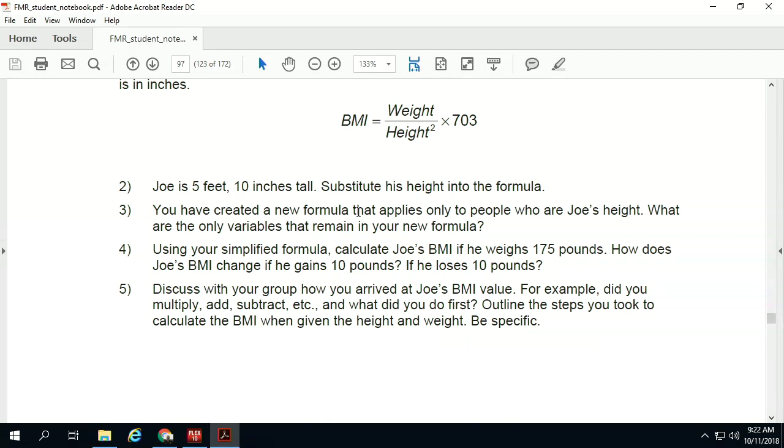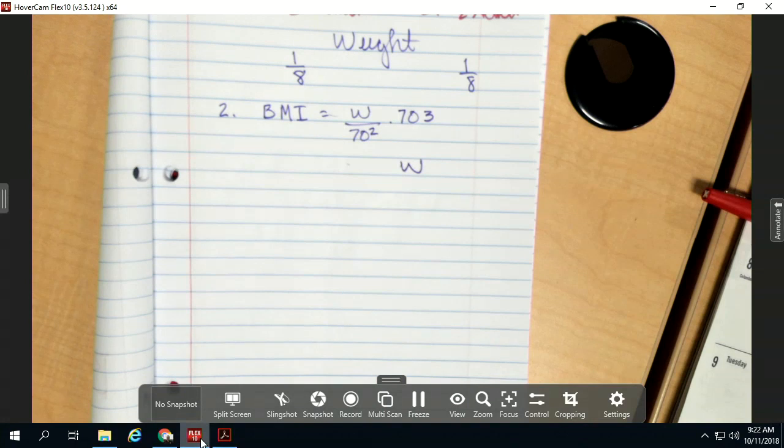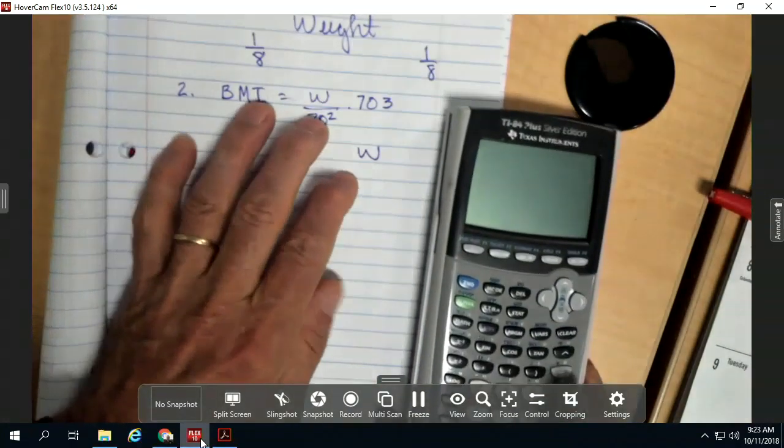So if you substitute in W, like we have here, what does the coefficient become in this problem if you have 703 over 70 squared? Well, on your calculator, okay, we're going to go through it.